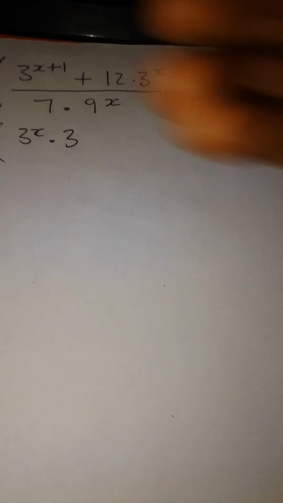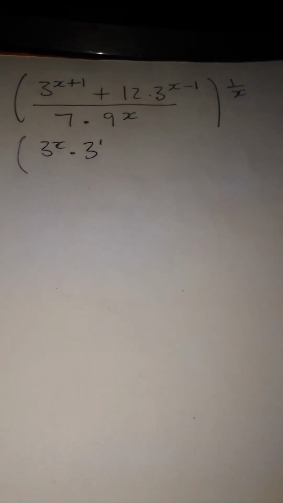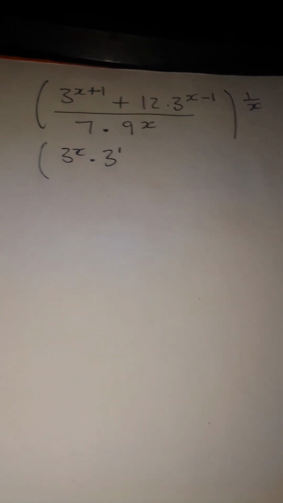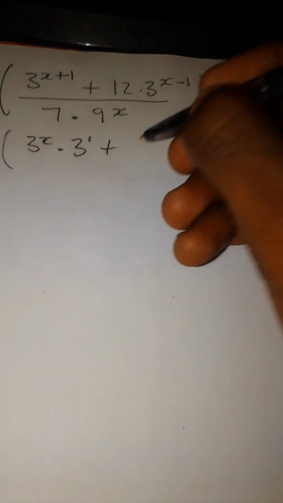I'm going to say 3 to the power of x times 3, which is the same thing because this is 3 to the power of 1. So this is the first law of exponents. It says that when multiplying values that have the same base, you add the exponents.